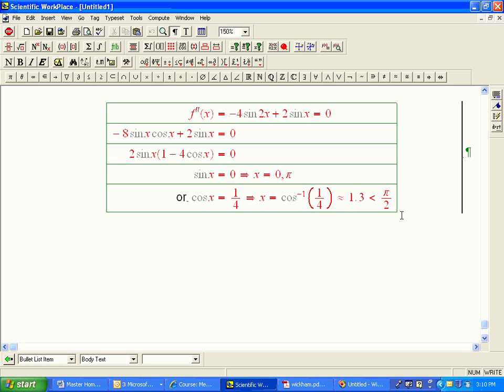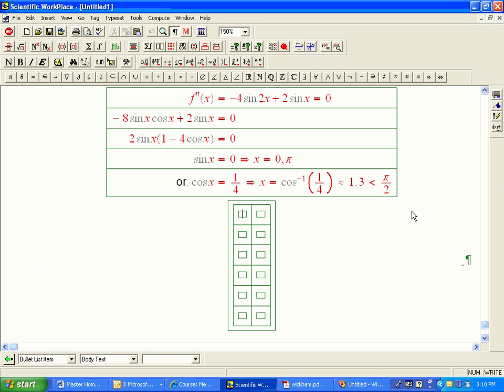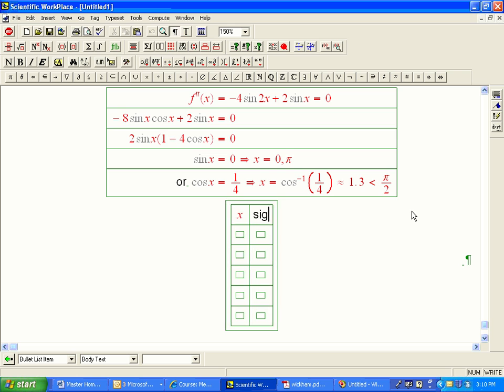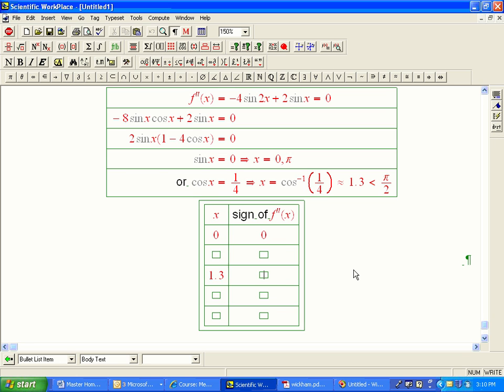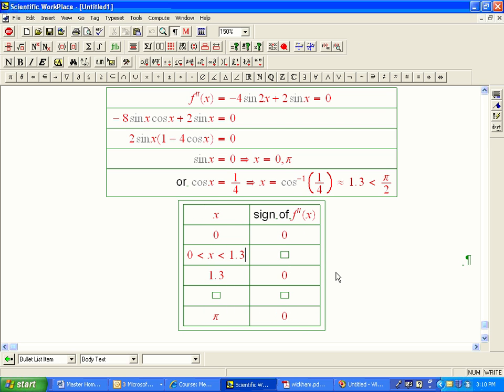Now we just need a sign chart for that, and put in our little matrix here. So when x, let's leave that in math mode. And now this is going to be sign of f prime of x, f double prime. So at 0, it's 0. At about 1.3, it's 0. And then at pi, it's 0 again. Okay, so 0 less than x less than 1.3, of course, that's approximate, 1.3-ish.